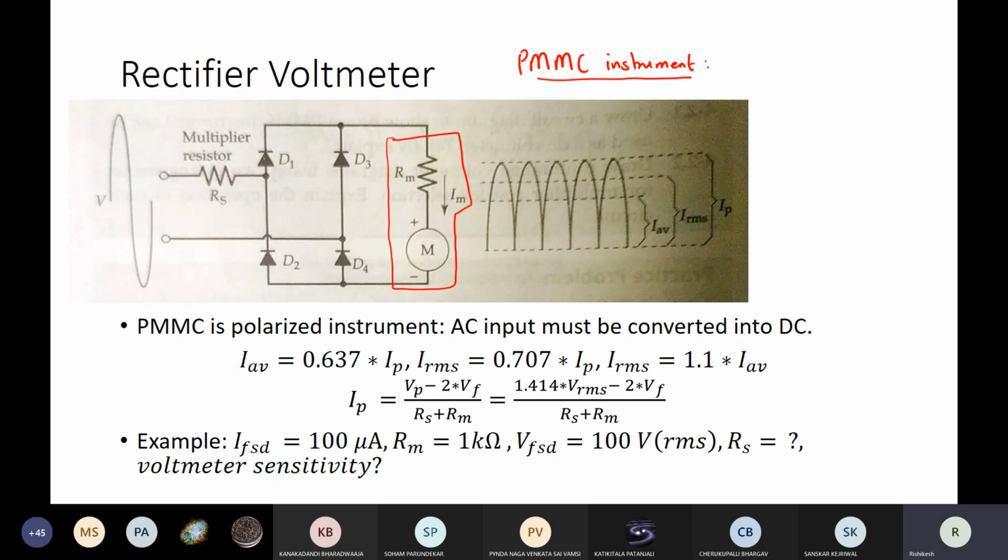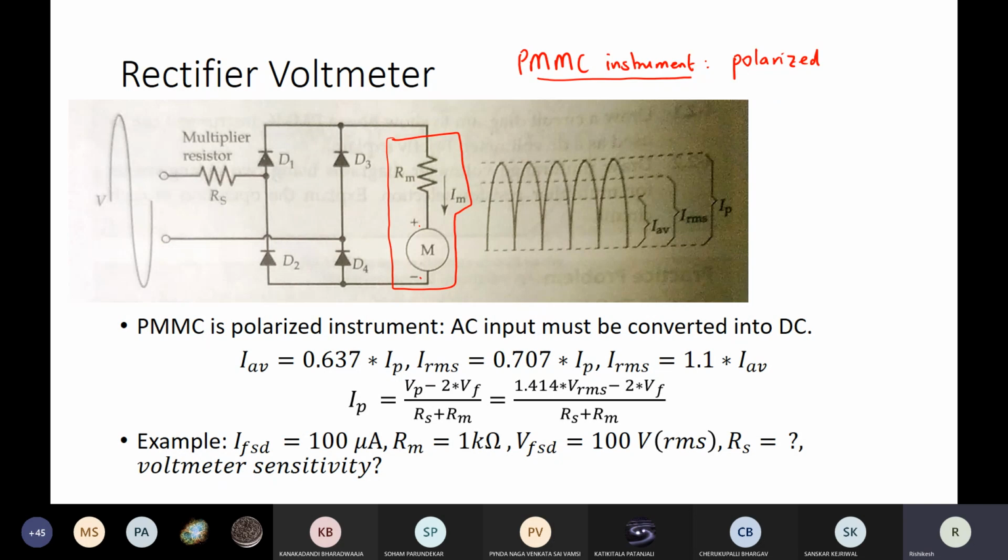It is polarized. What does that mean? It is marked plus and minus, so you have to apply the current to be measured in this direction only. Otherwise, you will not get a reading, and you may also damage the instrument if you pass the current in the opposite direction.